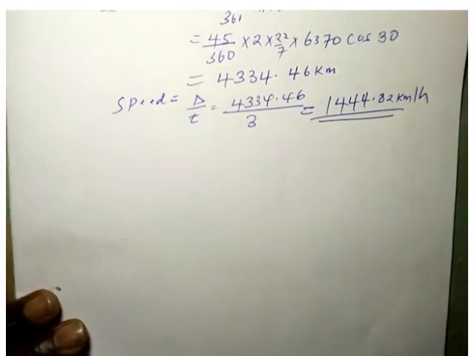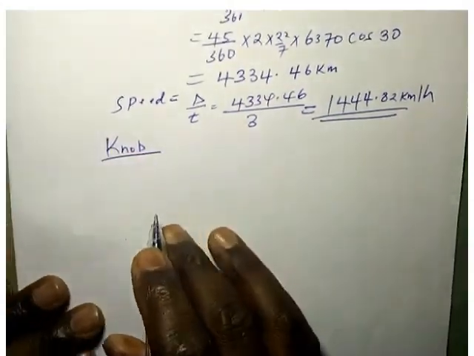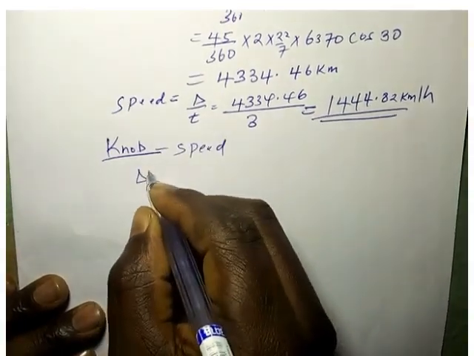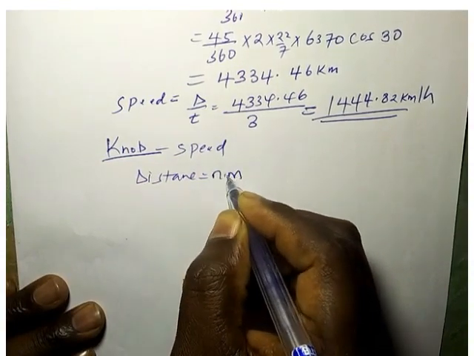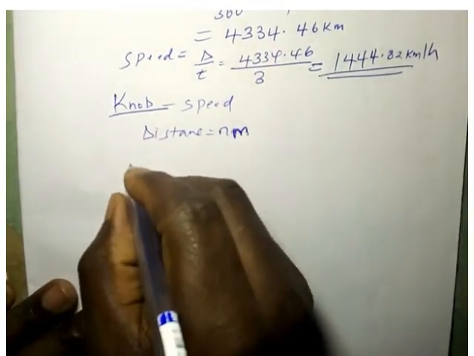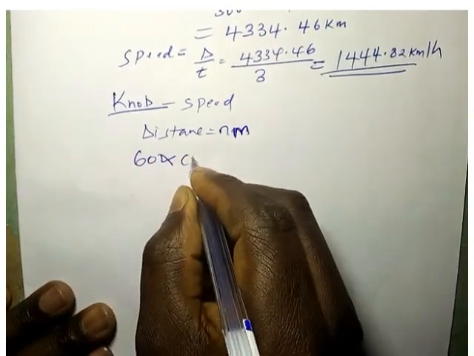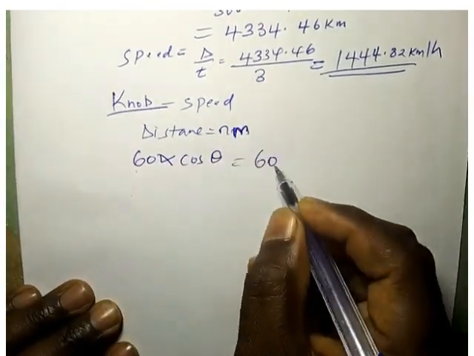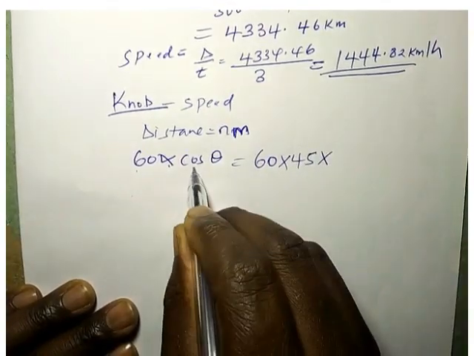Part B, we are supposed to calculate in knots. For you to calculate the speed in knots, we must have the distance in nautical miles. We know distance in nautical miles is given by 60 alpha cos theta. We have 60, which is a constant, times alpha, which is 45, times cos 30.